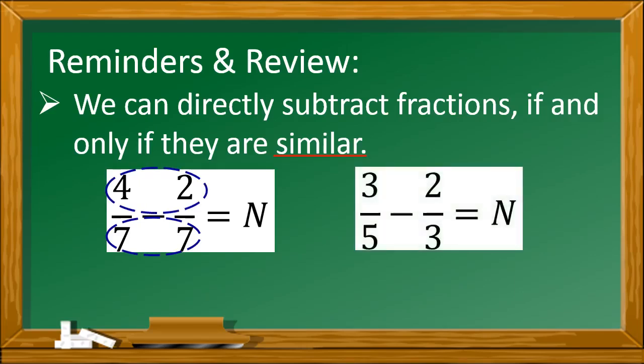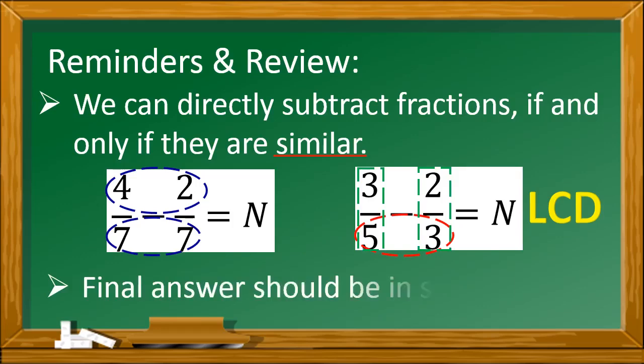However, for 3/5 minus 2/3 equals n, the denominators are not the same. Therefore, we need to change 3/5 and 2/3 into similar fractions by finding the least common denominator or LCD. Then, the final answer should be in simplest form.